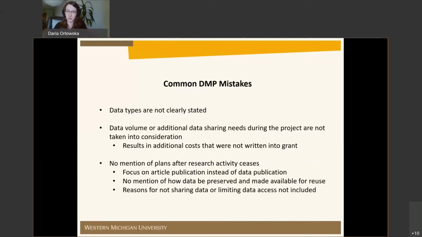Where is your data going? Is it going into a repository? Are there any things that will be done to it to make it reusable and preservable in the long term? And if it can't be shared, because that can happen since data is sometimes sensitive or because it needs to be destroyed, that should be stated in your data management plan as well. What do you anticipate doing with it? Any sort of information.